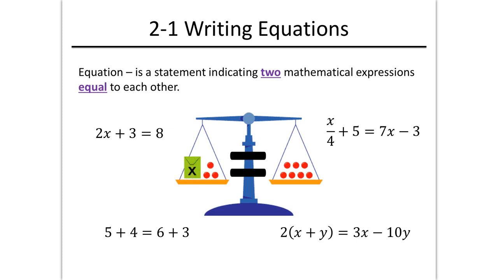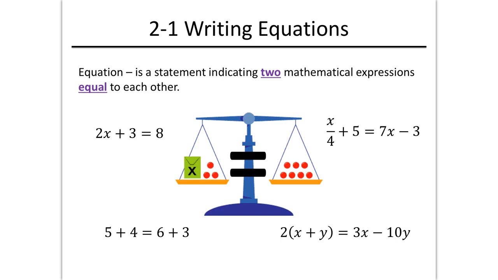So when you have 4 inside and 3 over here, that's going to be 7, and that's going to be equal to the right side of the scale. So the number that x has to equal is 4. And that's the idea. You want to find a number for the variable that will have a balance on that scale.